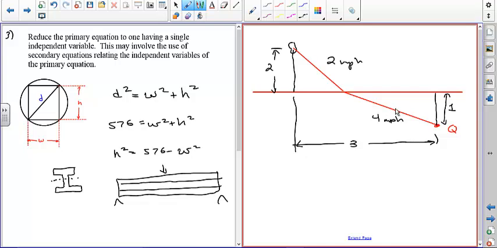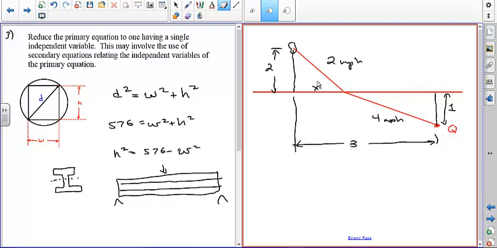So we have to introduce a variable of some kind. Now you may be tempted to say, well, the distance here is x, and the distance from here to here is x, and the distance from there is y. And that would be sort of okay. But there's another way of doing this.